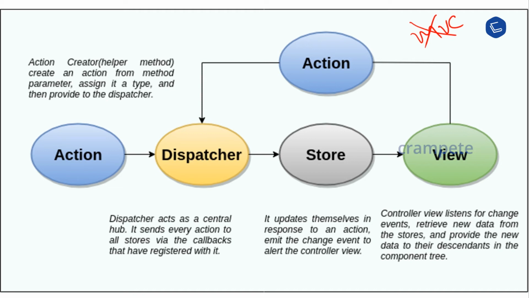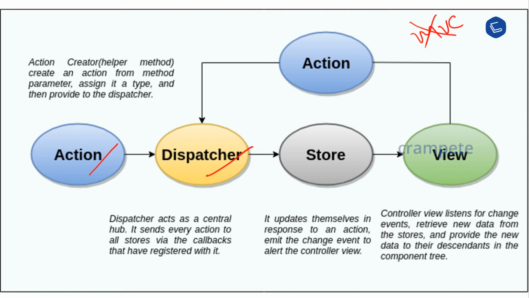It retrieves data from the store and then passes this data down to the children. Additionally, action creators and dispatcher, these helper methods are used to describe all the changes that are possible in the application. It can be understood as the Flux update cycle.